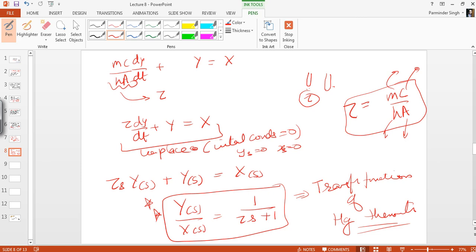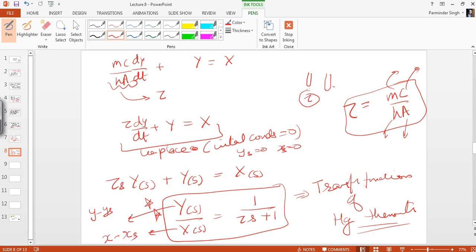Now let us define what is transfer function. If you clearly see over here, what is this Ys? Ys is the Laplace of deviation of thermometer reading, and Xs is Laplace of deviation in surrounding temperature. Clear?